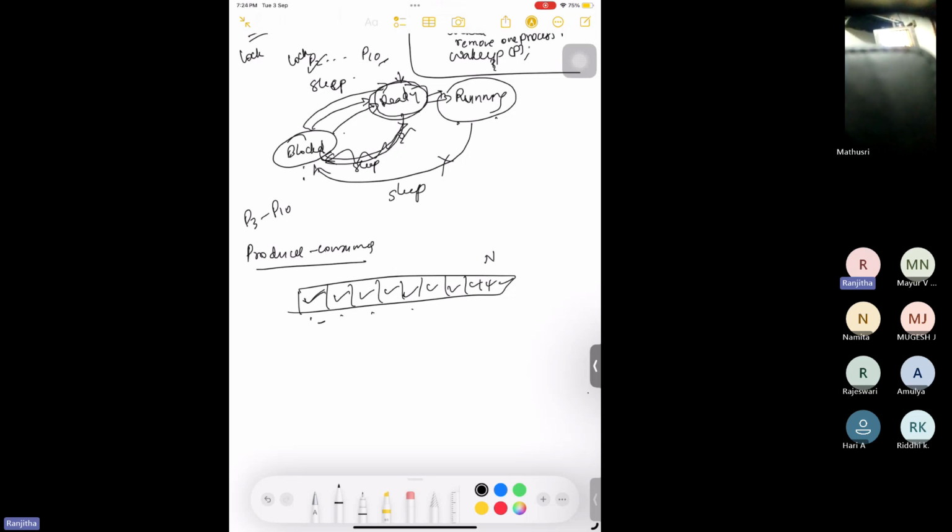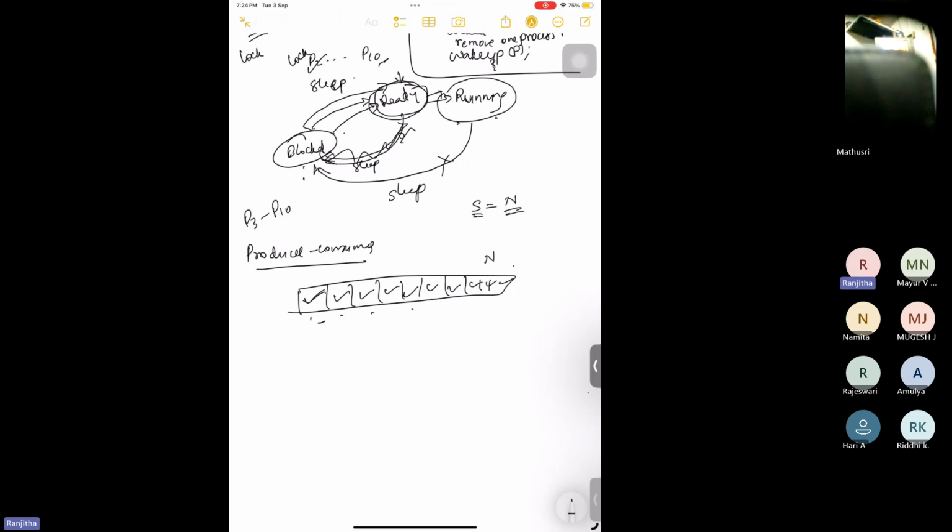Because we can allow the producer to write until the buffer is full, a mutex is not sufficient here. We need something called a counting semaphore. That is what we use in the producer consumer problem. So it is not a 0 and 1 kind of a thing. We have this semaphore which can take values greater than 0, like 1, 2, etc. So if the size of the buffer is n, we can set the semaphore size to n.